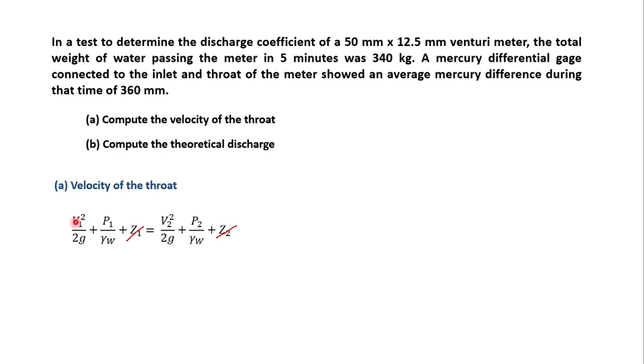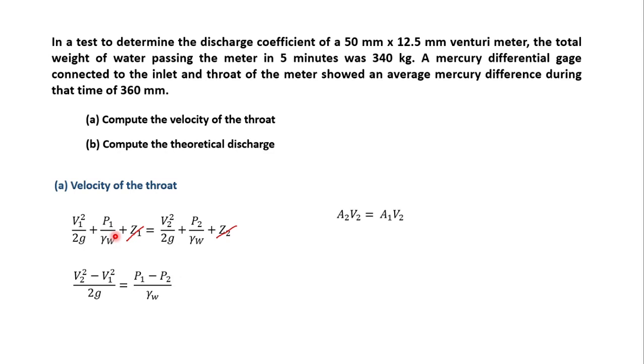We are left with V1 squared over 2g plus P1 over specific weight is equal to V2 squared over 2g plus P2 over specific weight. Then we have V2 squared minus V1 squared over 2g is equal to P1 minus P2 over specific weight.